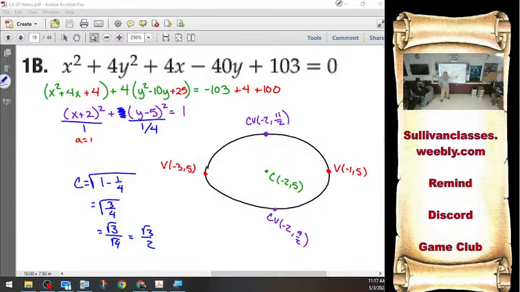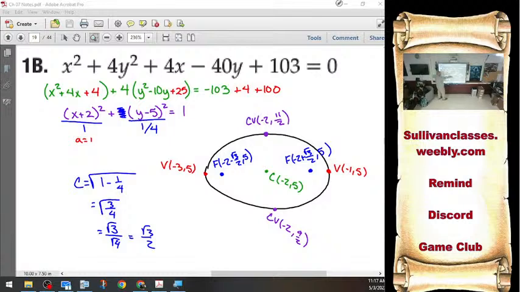If this is 1, can you go 86% of the way there? Yeah. So I'll have a focus at -2 plus square root of 3 over 2, 5, and another focus at -2 minus square root of 3 over 2, 5.